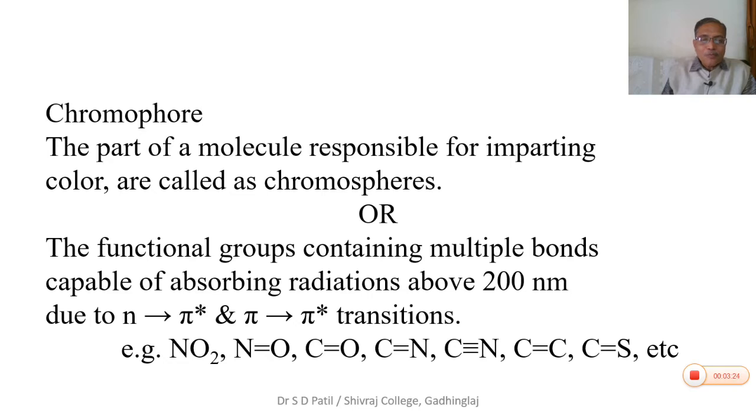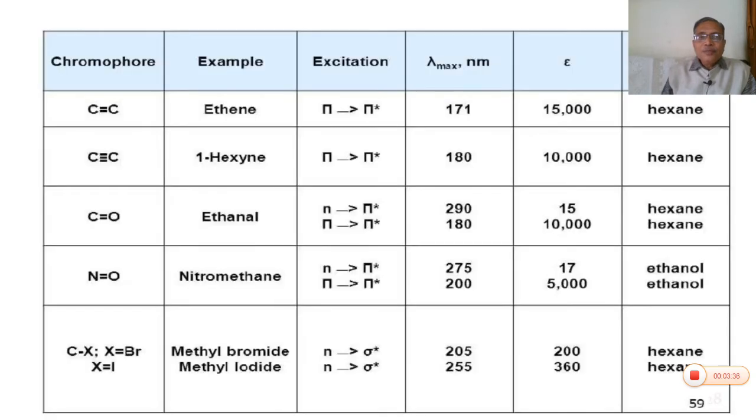Out of these, n to pi star and pi to pi star transitions are observed in the case of chromophores. This is a list of various chromophores: nitro, nitroso, carbonyl, cyanide, C triple bond N, C triple bond C, C triple bond S, etc. This is another table in which various chromophores are given. These chromophores show various excitations based upon their structure. If multiple bonds are there, then there are pi to pi star transitions.